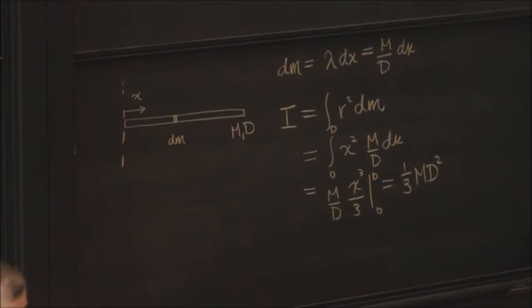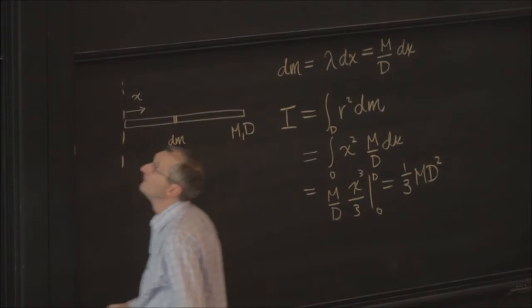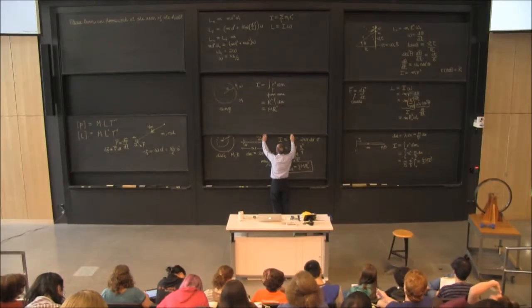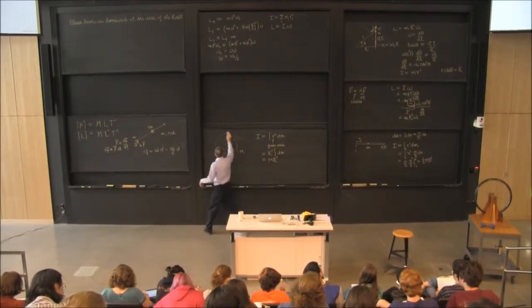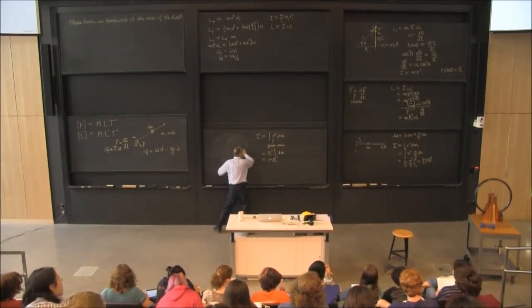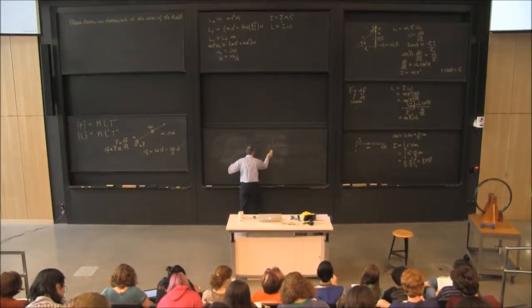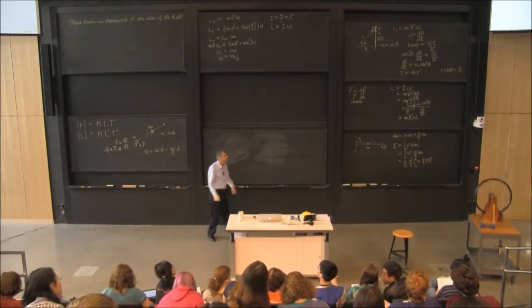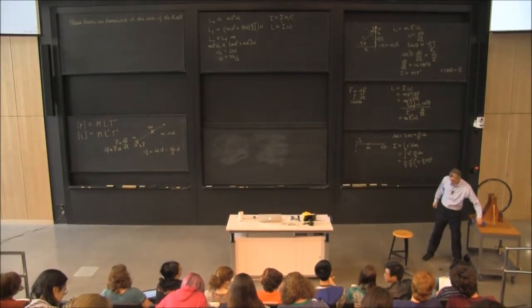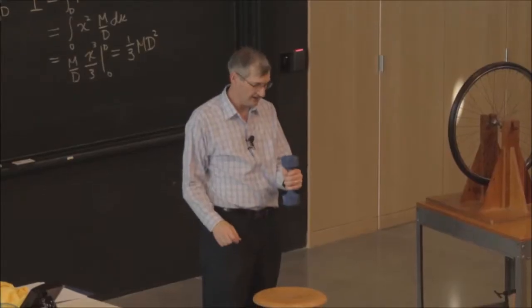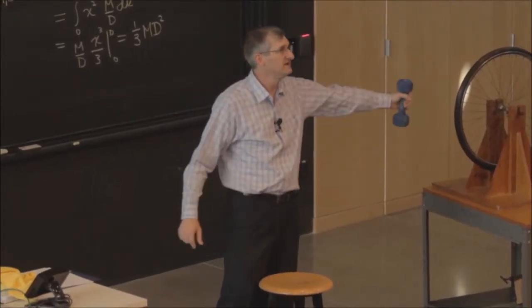Okay, now I gotta blast through the parallel axis theorem. Suppose that I compare the inertia of a weight when it's near the axis to when it's farther away.